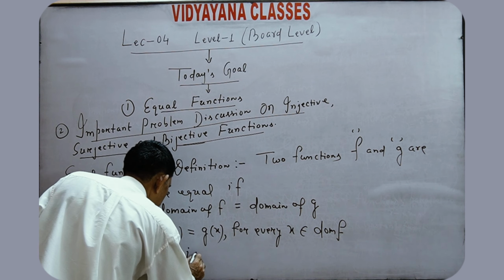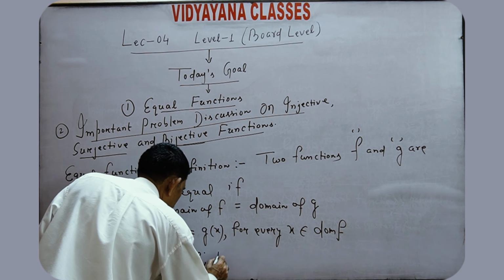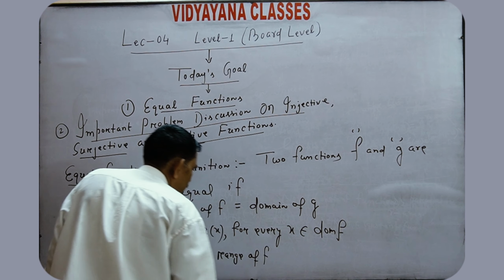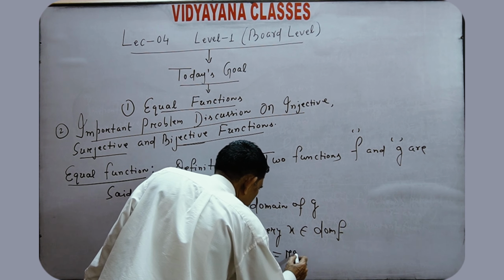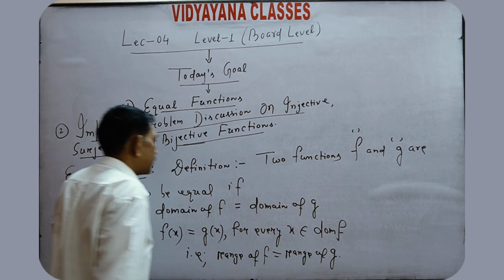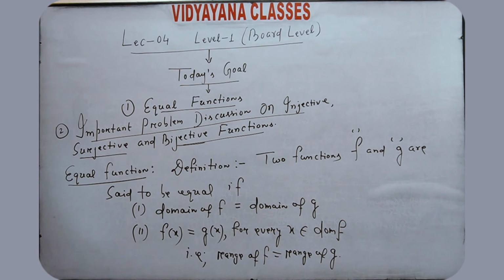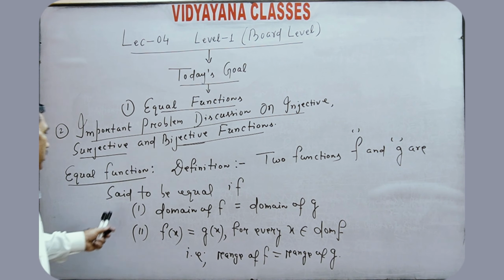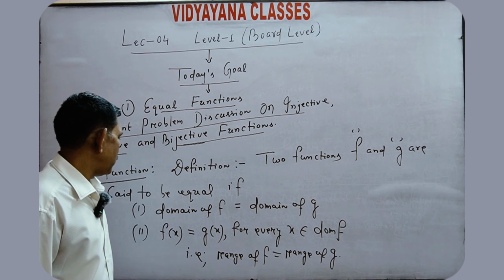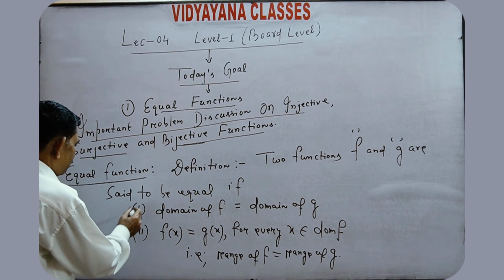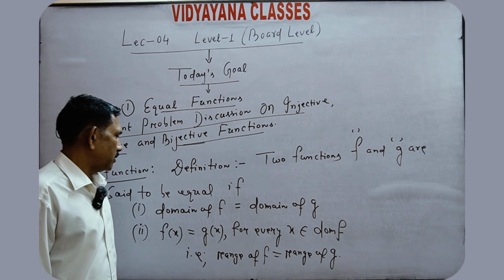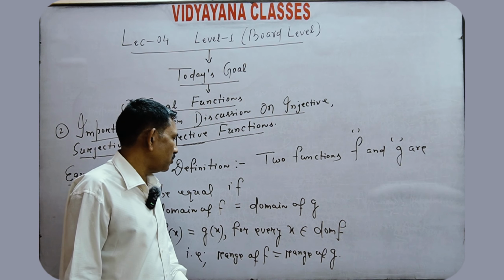That is, range of f is equal to range of g. It is the definition of equal function. Two functions f and g are said to be equal if domain of f is equal to domain of g, and second, f(x) is equal to g(x) for every x belongs to domain of f.